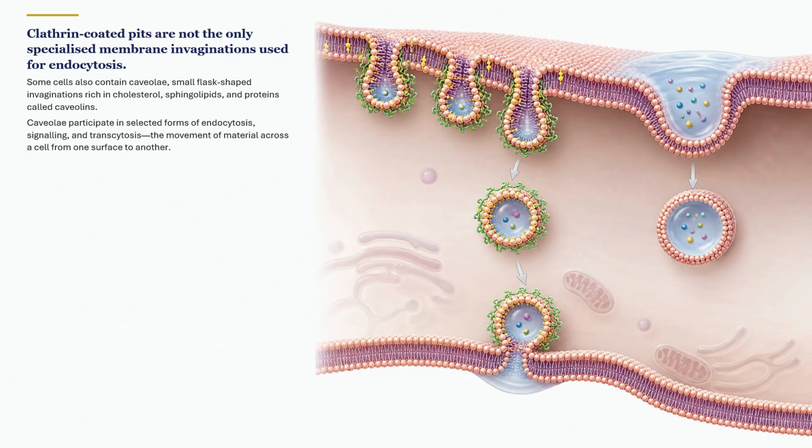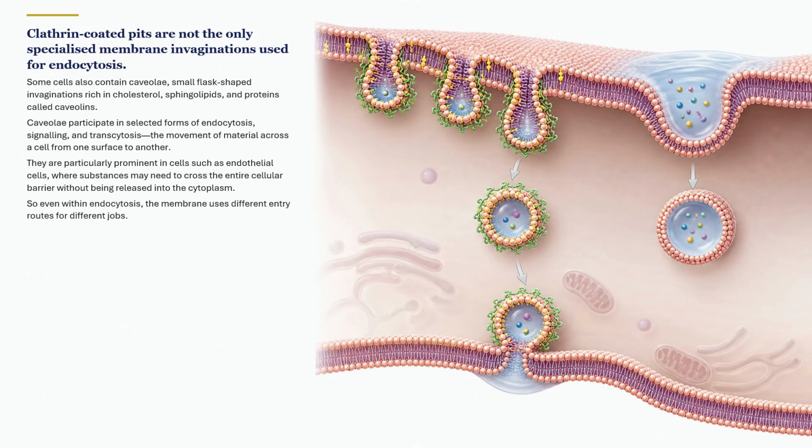They are particularly prominent in cells such as endothelial cells, where substances may need to cross the entire cellular barrier without being released into the cytoplasm. So even within endocytosis, the membrane uses different entry routes for different jobs.